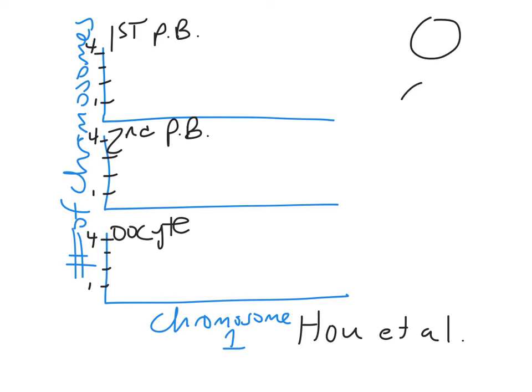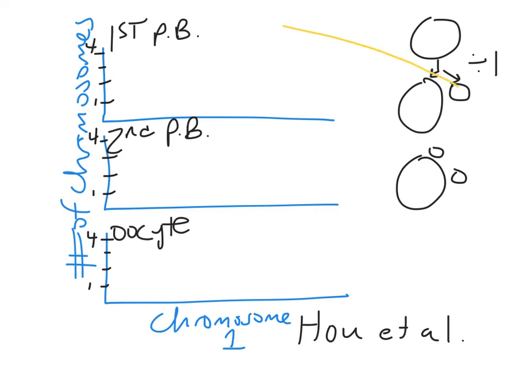Based on how meiosis works, you get a division, the first division generates the first polar body. So that's polar body 1.